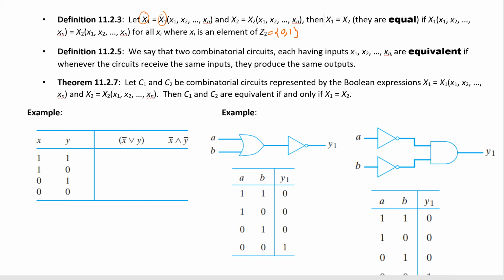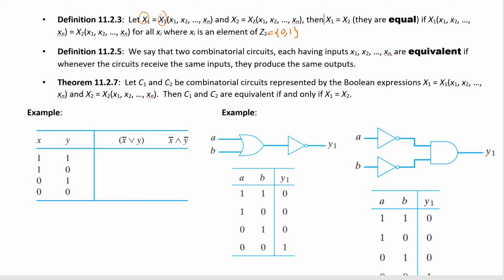And next theorem: let C1 and C2 be combinatorial circuits represented by the Boolean expressions X1 and X2. Then C1 and C2 are equivalent if and only if X1 equals X2. So far, so good, everybody.